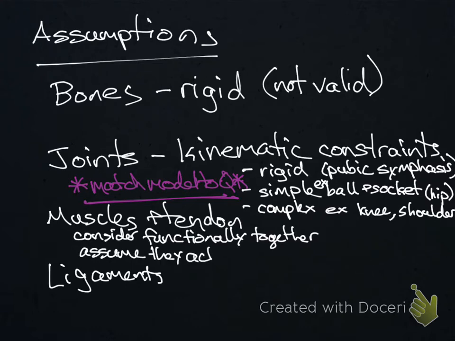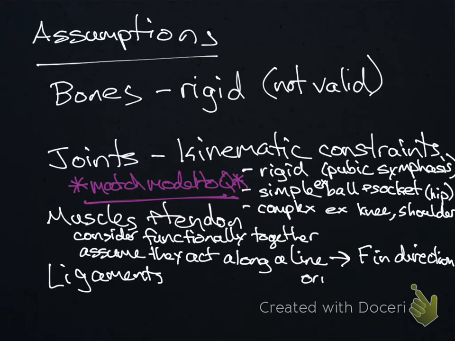Now, there's a lot of work in biomechanics on how you model muscle and how it generates force, and we'll talk about that in muscle mechanics. But for right now, we're going to assume that muscles and tendons work together and that they act along a straight line. They generate force in that direction. And that direction is in a line from the origin to the insertion of the muscle.